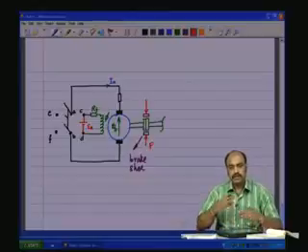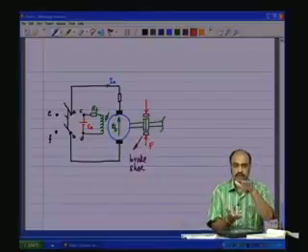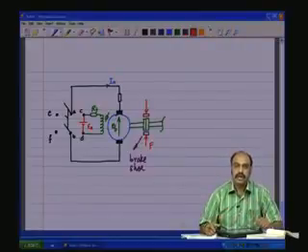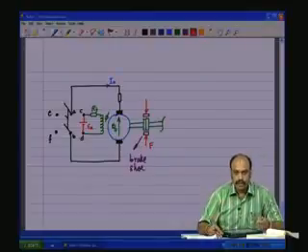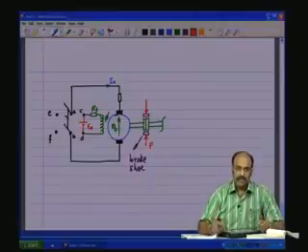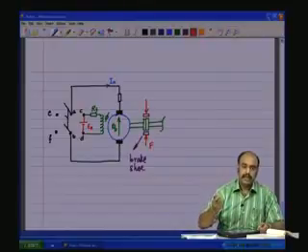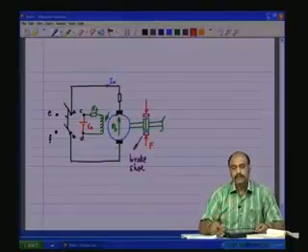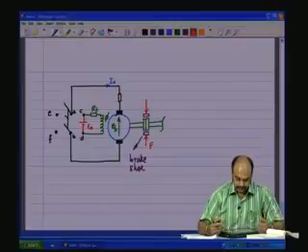So, the mechanical shaft is rotating and you are going to apply force onto the brake shoe and the brake shoe is going to hold on to the shaft, and then due to the friction between the brake shoe and the rotating shaft, the mechanical system is going to come to a halt, which means the mechanical energy which is stored in the inertia is going to get dissipated as heat in the friction.